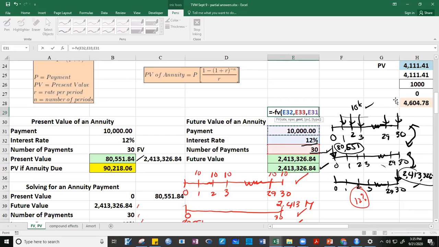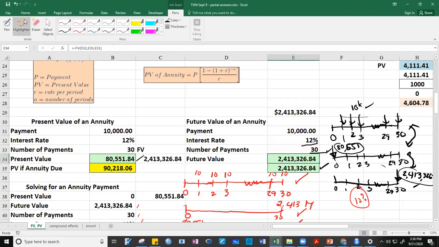Magkano siya after 30 years? Yung future value. Okay, comma. Wala namang present value, so disregard natin. Type, it's at the end of the period, so 0. So pwede ko i-type 0 dyan or pwede kong i-ignore. And I'll get 2,413,326. There.